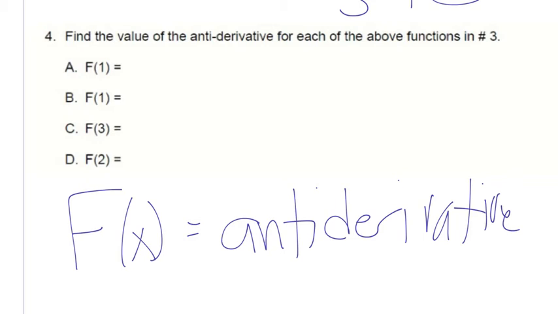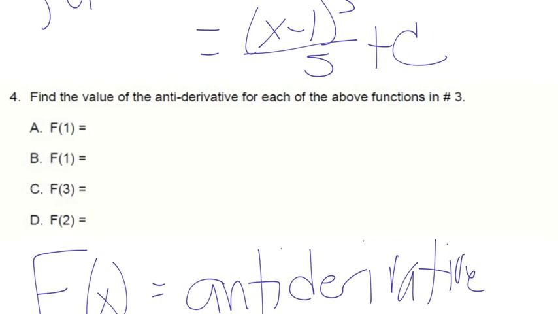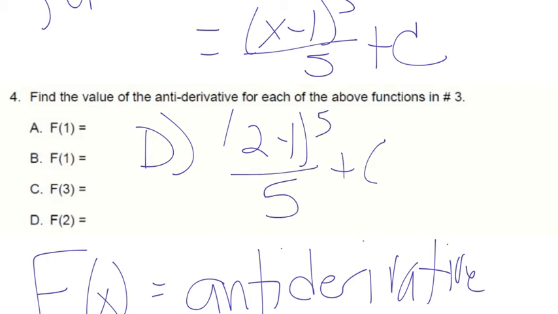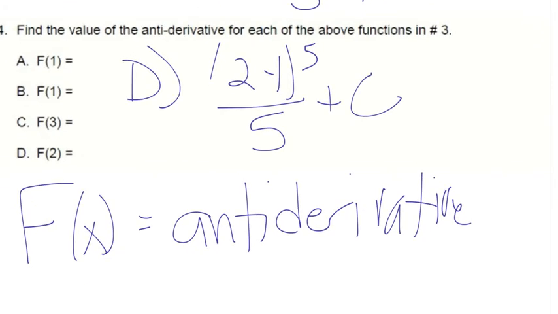So since I deleted all my answers, I'm just going to do D, and we're going to plug in 2. So we get 2 minus 1 to the fifth over 5 plus c. So 2 minus 1 is 1. So this is 1/5 plus c.